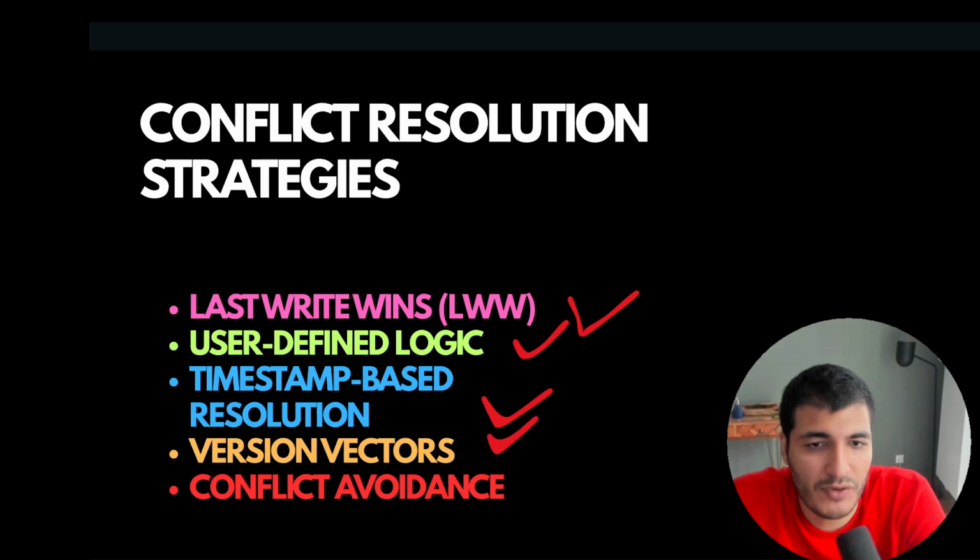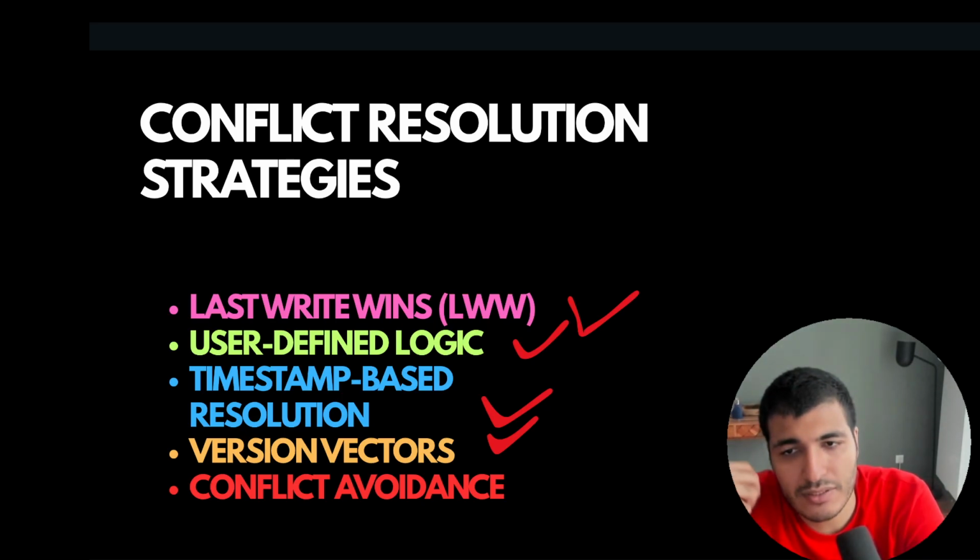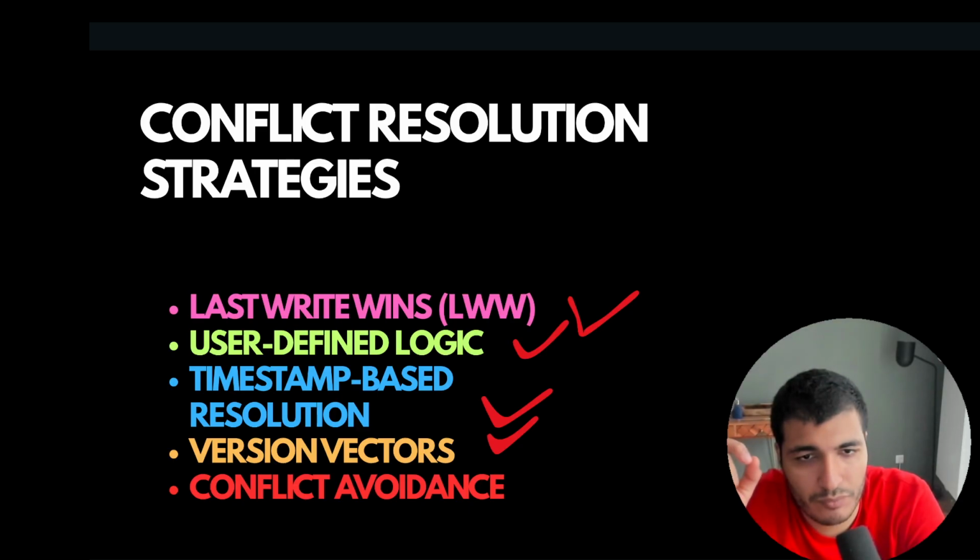Next, we have version vectors. This is a more sophisticated technique that tracks the version of data across multiple nodes. When a conflict is detected, the version vectors can help identify which changes are truly concurrent and allow for more intelligent merging or flagging for manual resolution.